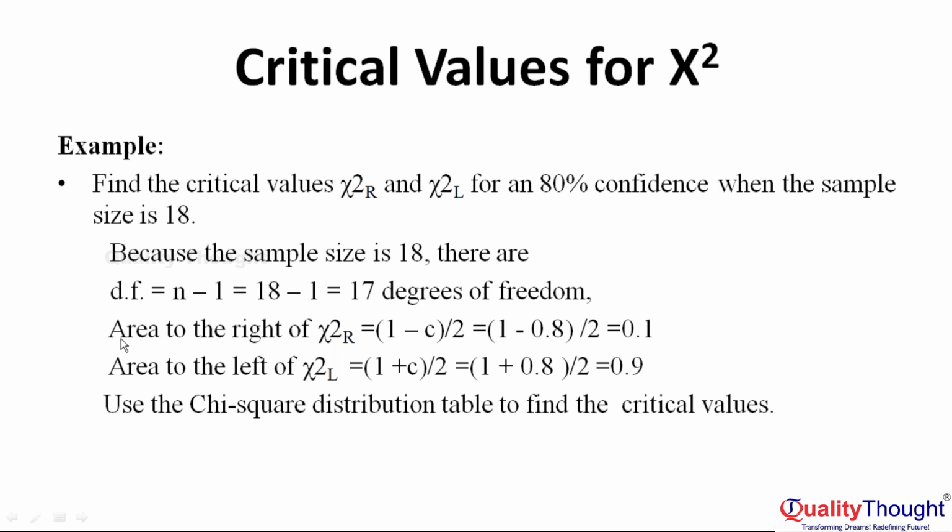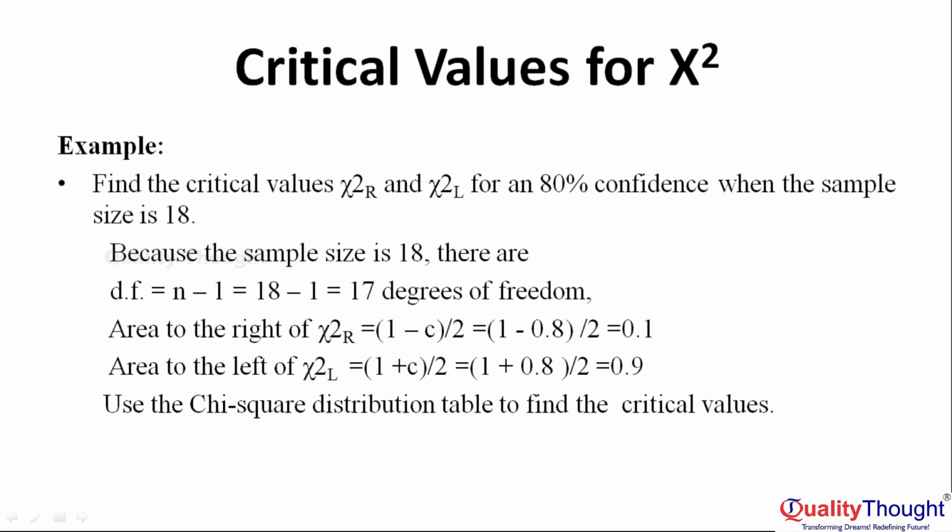According to the area to the right of the chi-square, we substitute the given confidence level, which is 0.8. 1 minus 0.8 divided by 2 becomes 0.1, whereas for the left of the chi-square distribution it is 1 plus 0.8.